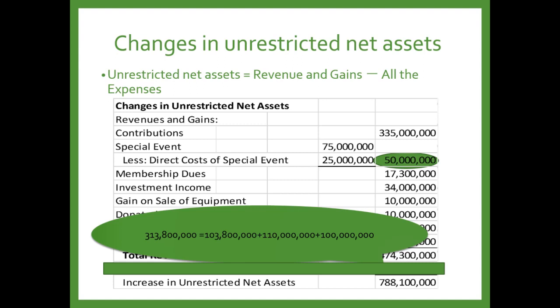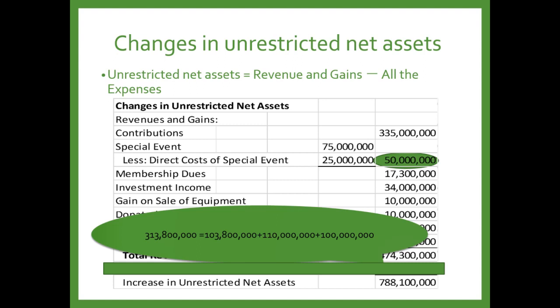We see that in addition to the unrestricted contributions of $335 million, there was $100 million of unrestricted pledges outstanding at the beginning of 2007 that were collected during the year. What that means was those were temporarily restricted and now they are released because we actually collected the funds.